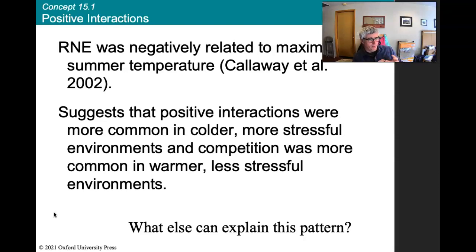The patches in which this organism can survive are much smaller, and so therefore you're going to have a higher density of that plant in that area, because the suitable habitat patches are very small. So here we're looking at a habitat limited situation, and so those plants are going to occur in high densities compared to lower elevations where there's more suitable habitat, and so competition will start to outweigh it.